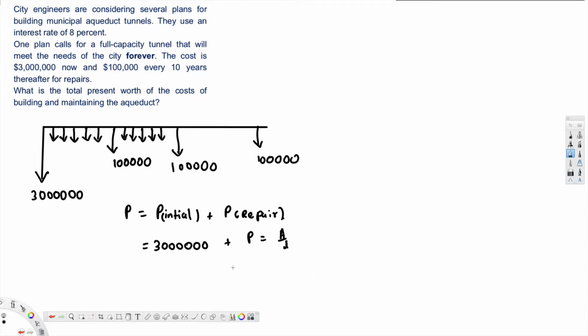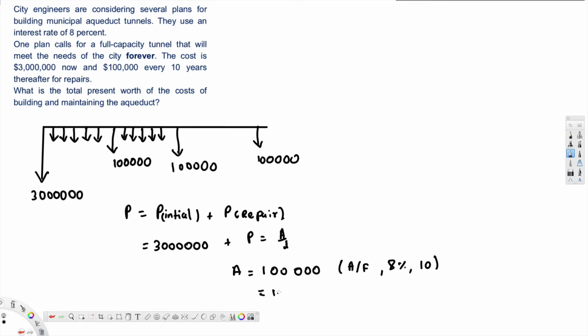Okay, now A is what? A is this one. A is 100,000 times A over F, because whenever we have forever we have to put A over F, and the interest rate is given 8%, and it's for every 10 years.